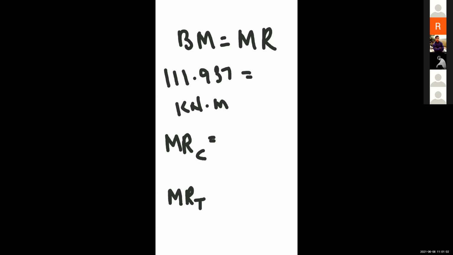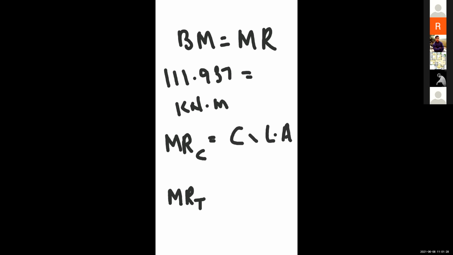Ritesh, what is the formula for moment of resistance? Ritesh: Total compression into lever arm. That is total compression into lever arm, right?